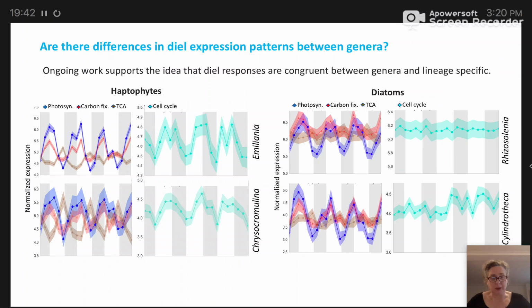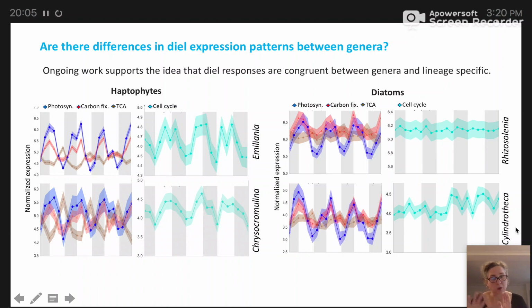But other metabolic pathways, for example, transcripts involved in cell cycle, would show a strong, similar diel signal for both Emiliania and this other haptophyte, Chrysochromulina, but don't have that same diel signal for Rhizosolenia and Cylindrotheca in the diatoms.